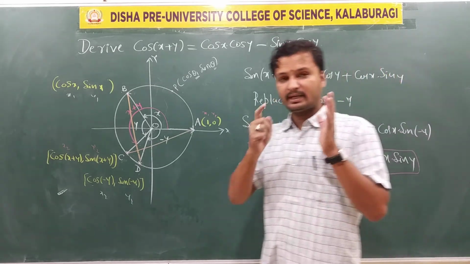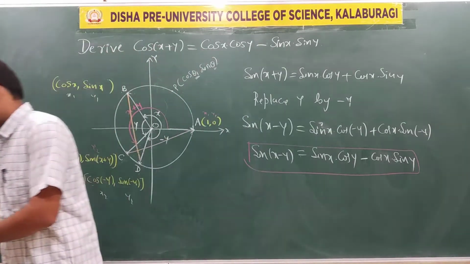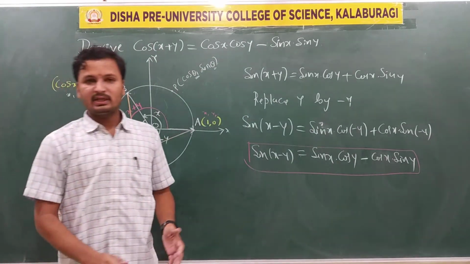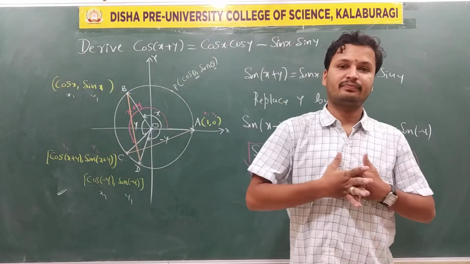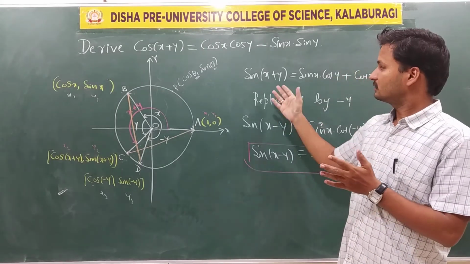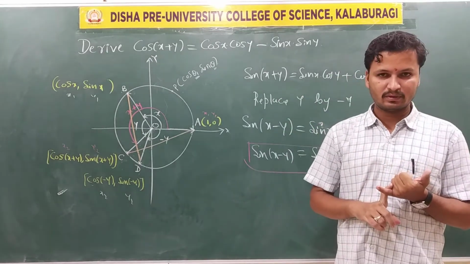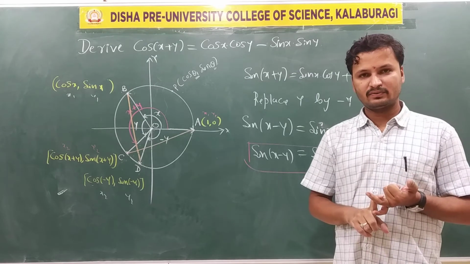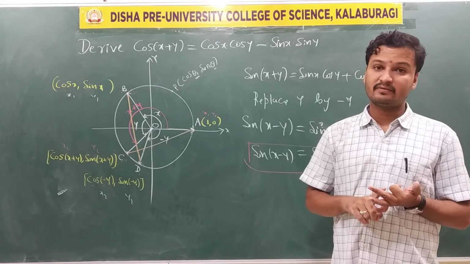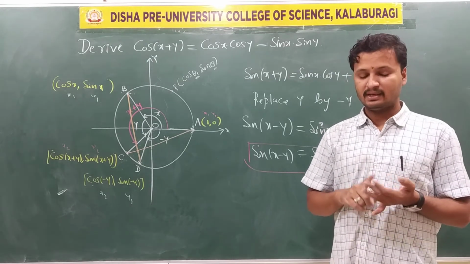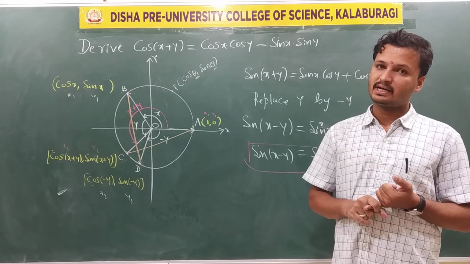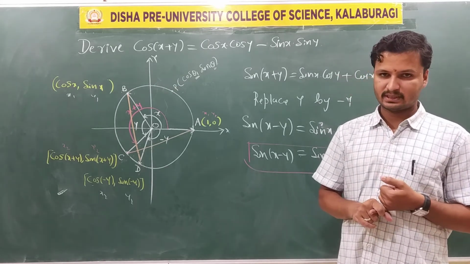This is all about the compound angles: sin of x plus y, cos of x plus y, similarly sin of x minus y, cos of x minus y, and then tan of x plus y and tan of x minus y.